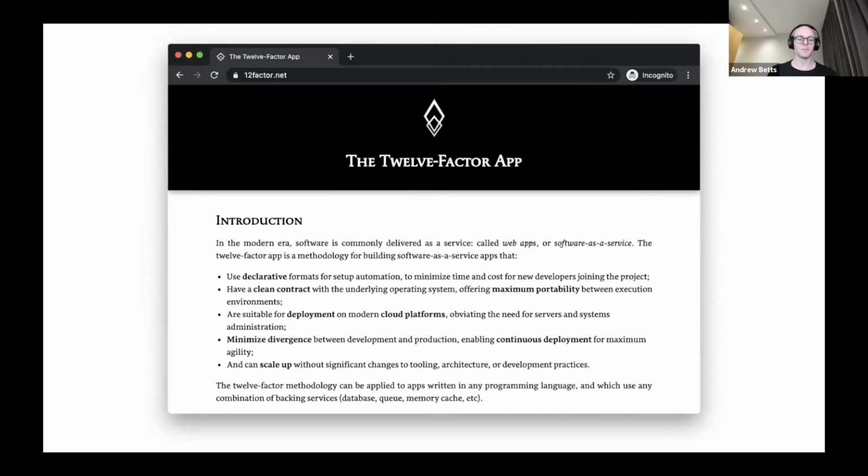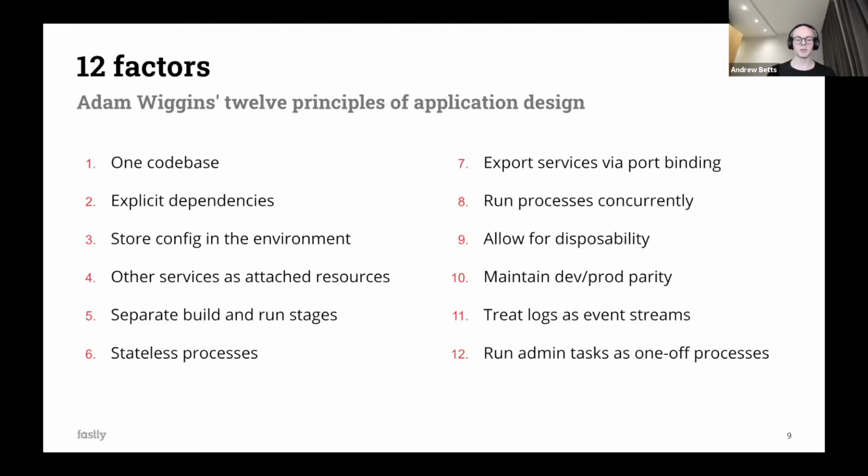And I really like this. I feel like a lot of these factors have kind of survived, and they're looking pretty good even today. So let's have a look at them now, because I think that a number of these actually are responsible and they stand out as empowering this move to platform as a service more than just being generally good software engineering principles.